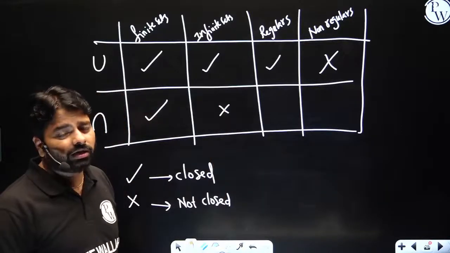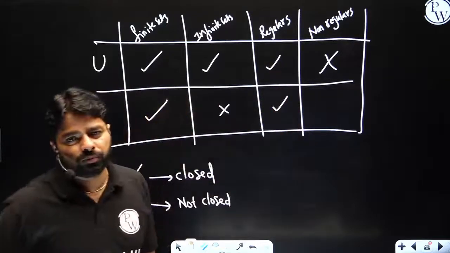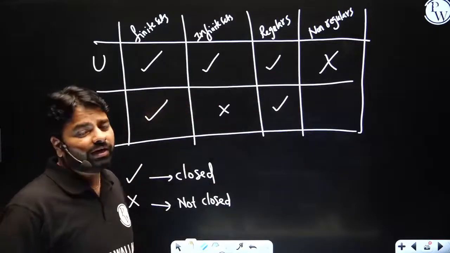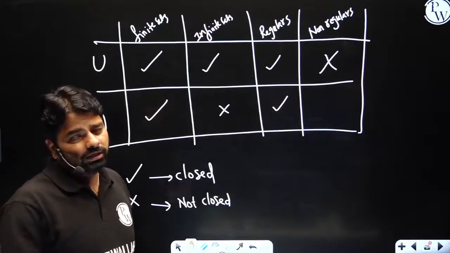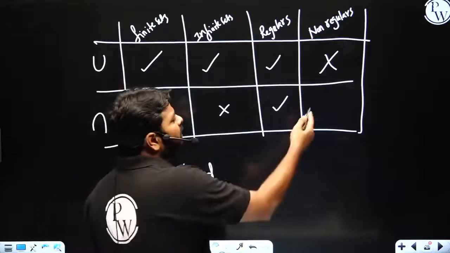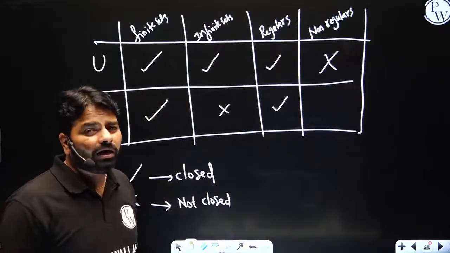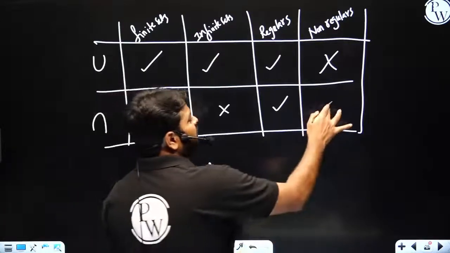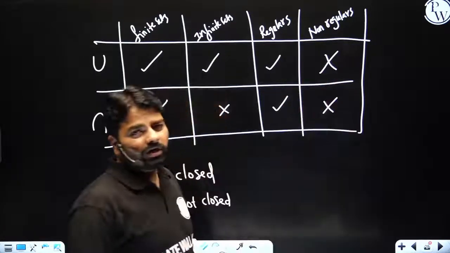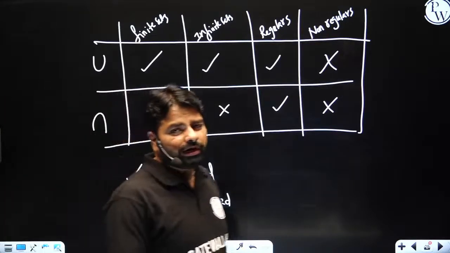Regular intersection regular is always regular, and for both we have the same composition proof. You can combine the two finite automata by doing the Cartesian product or using the composition algorithm. And non-regular intersection non-regular need not be non-regular. So this is the complete revision of both union and intersection.